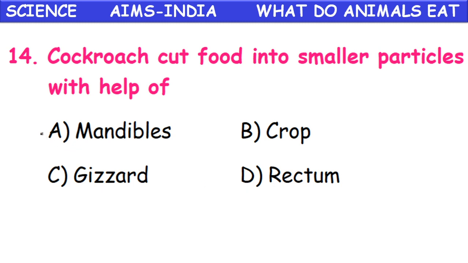The mandibles are present in the mouth, strong teeth. With the help of these strong mandibles, it cuts the food materials. They possess biting and chewing type of mouth parts.